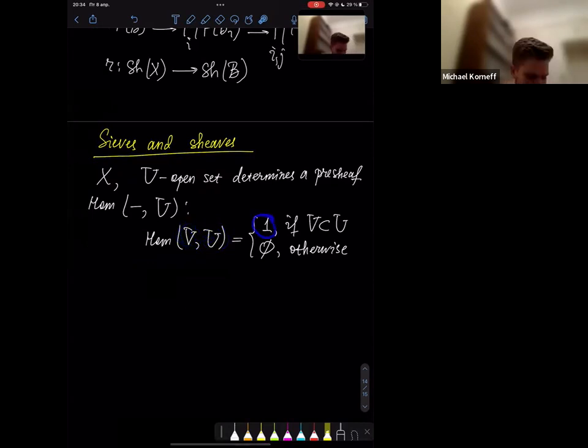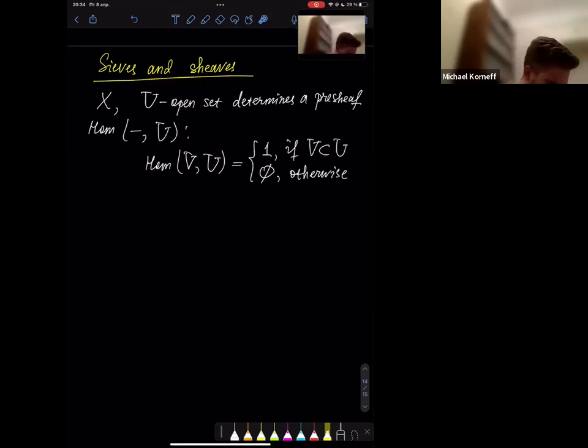And this inclusion we can code with the symbol of a one-point set. And if V is not a subset of U, then there is no such map. Okay.